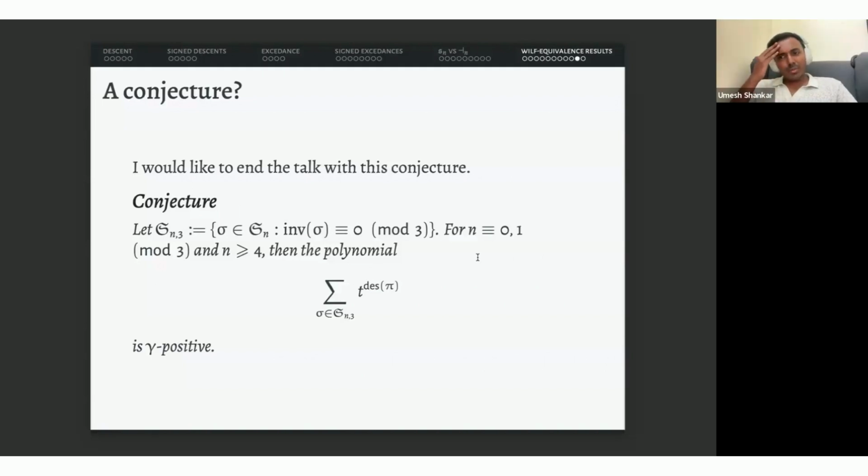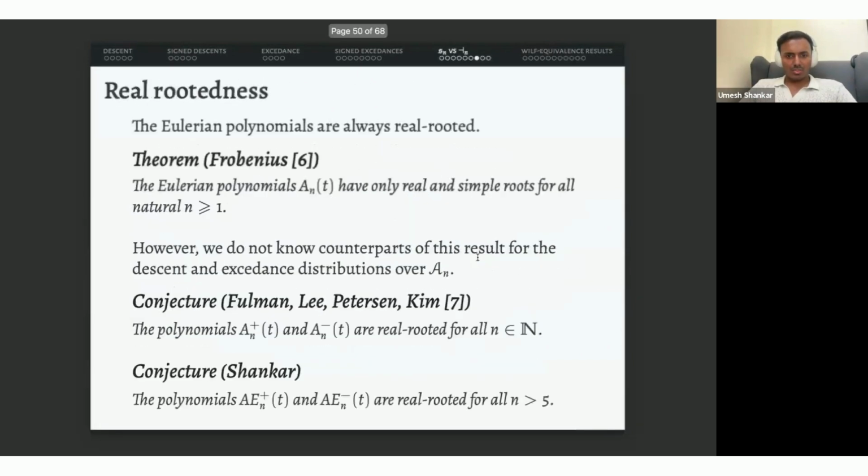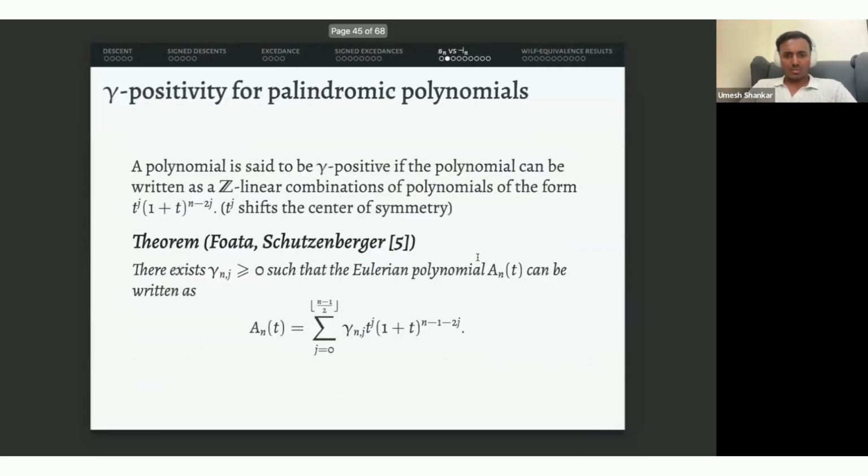So one thing I can maybe mention, let me go back, I think it's better to explain. If you look at this theorem, A_n(t), the Eulerian polynomial enumerating descents, has this gamma positivity result.